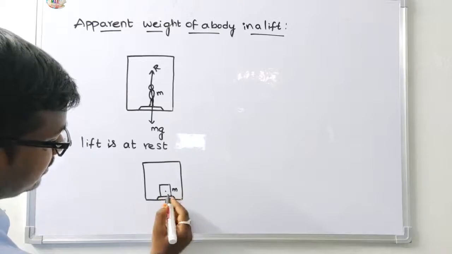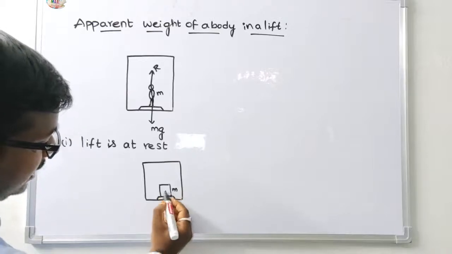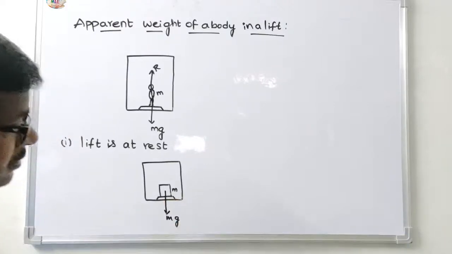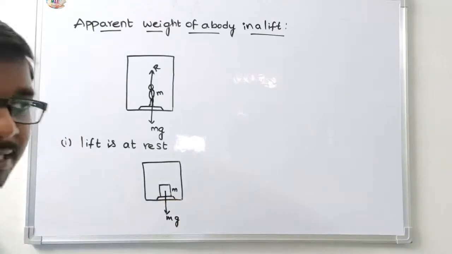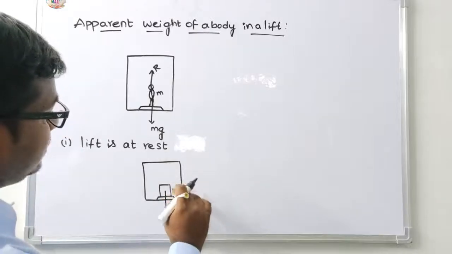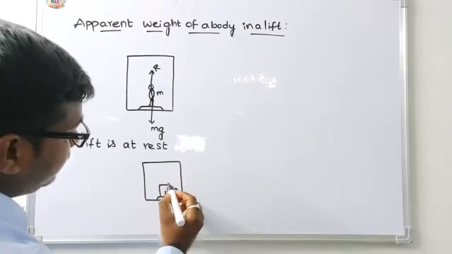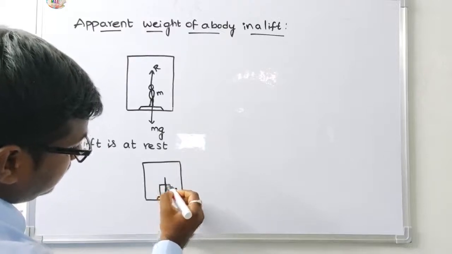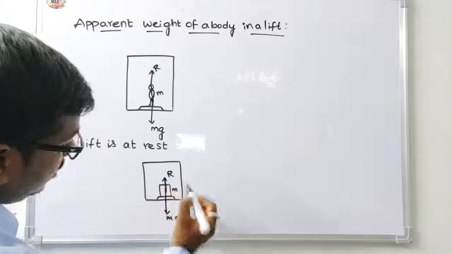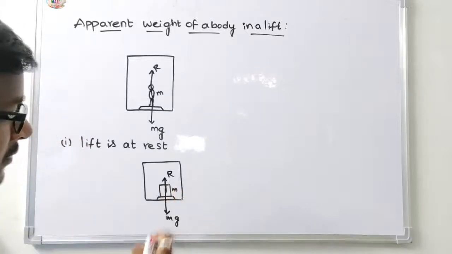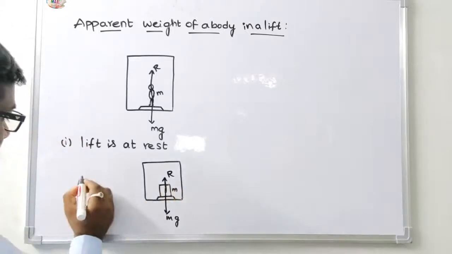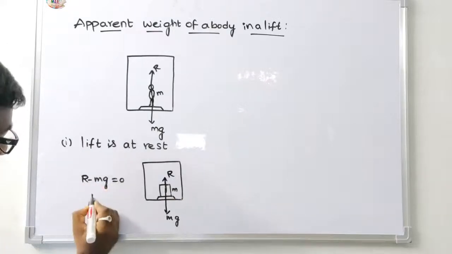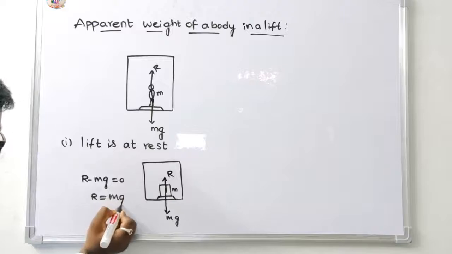One force is exerted vertically downward, that force is the gravitational force mg. One force is acting in the upward direction, perpendicular to the surface, that is the reaction force R. Write the equation: R minus mg is equal to 0. Then R is equal to mg.